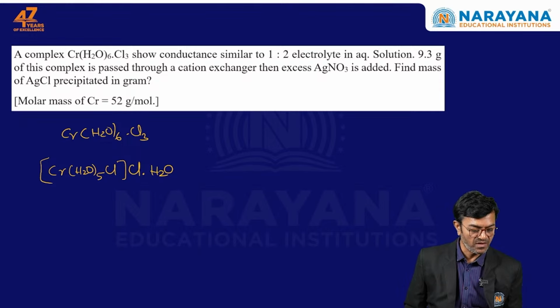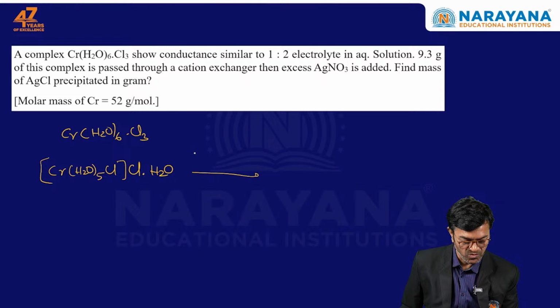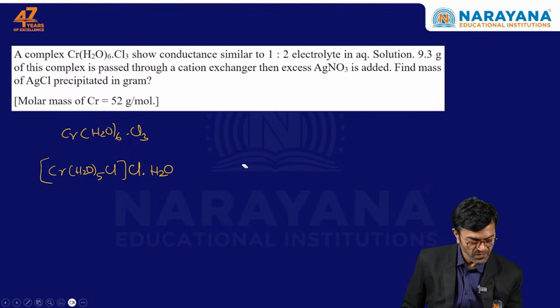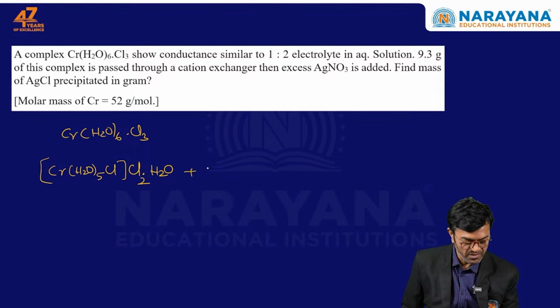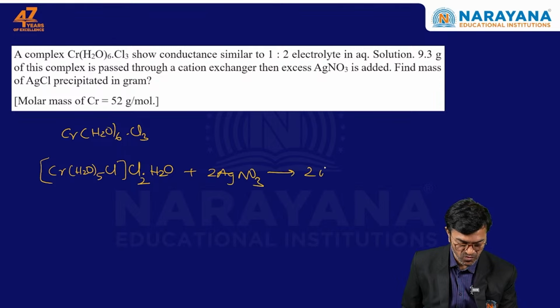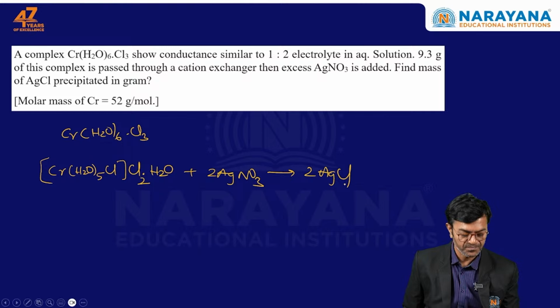Now what it is asking: when it passes through a cation exchanger and then is treated with excess AgNO3, as it has 2 chlorides outside, 1:2 means 2 anions must be outside. So when it is treated with AgNO3, it reacts with 2 moles of AgNO3 to give 2 moles of AgCl.